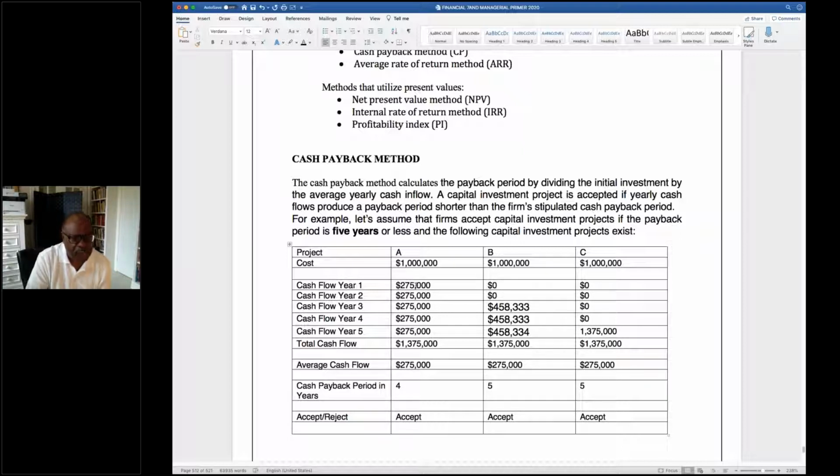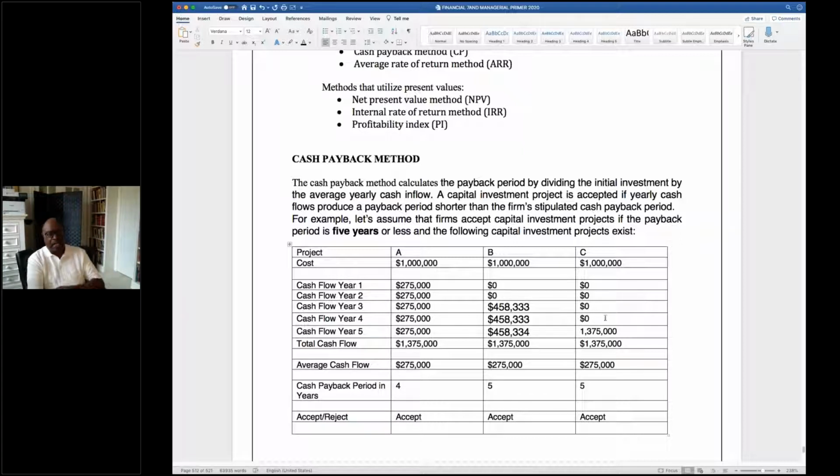A brings in $275 a year for a total of $1,375,000. Average cash flow $275. B brings in nothing the first 2 years, then $1,375,000 in total, still an average of 275. And C brings in money only in the 5th year.